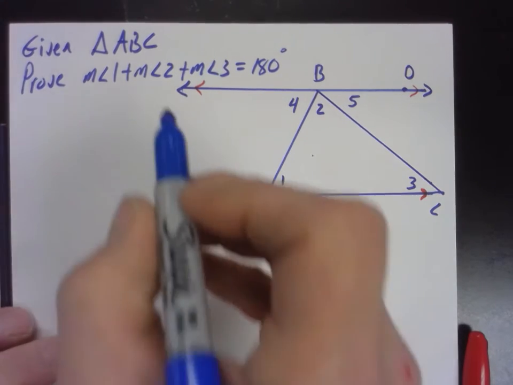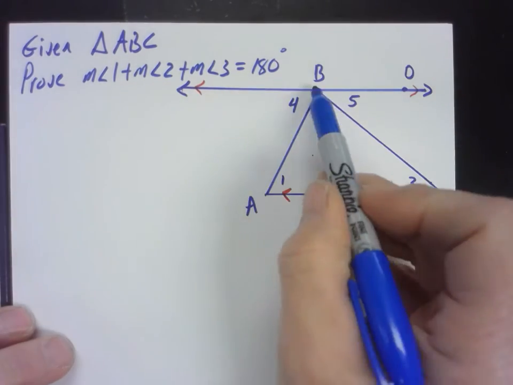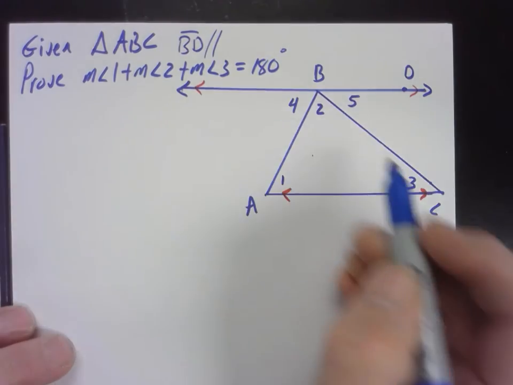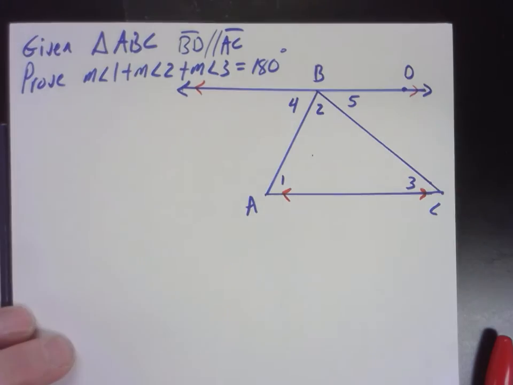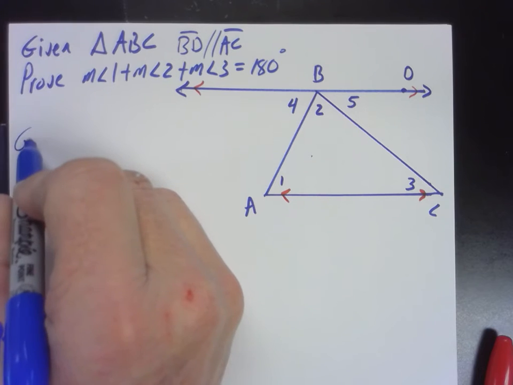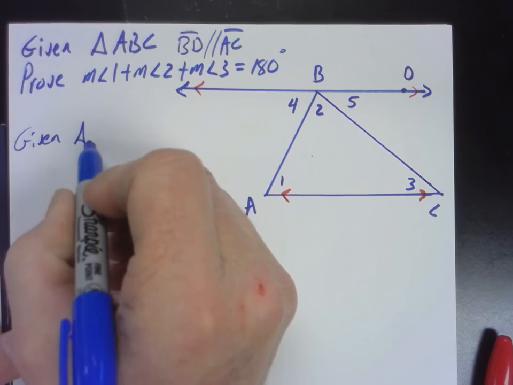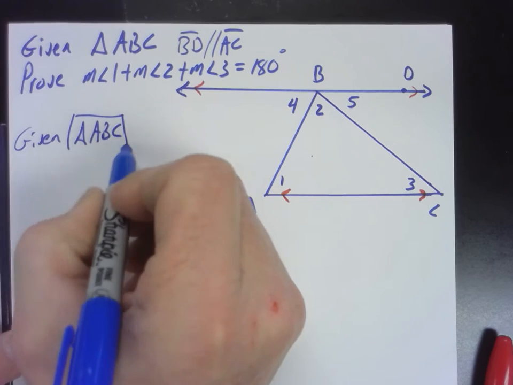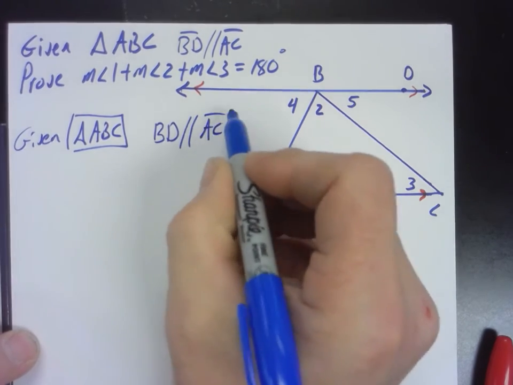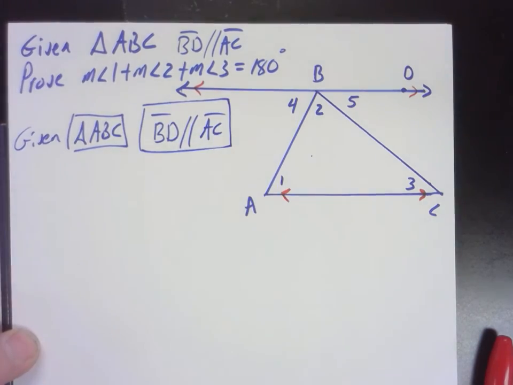And BD, that segment right there, is parallel to AC. Okay, so let's start off with our given. Triangle ABC, and BD is parallel to AC.